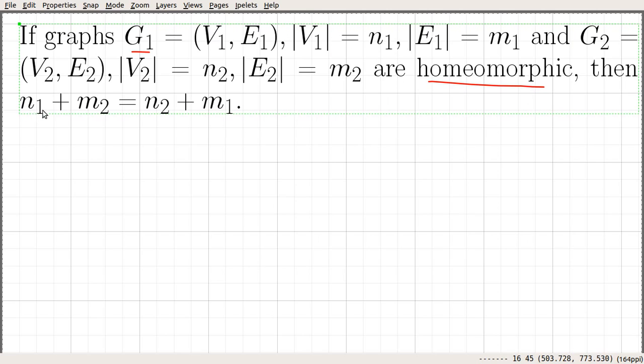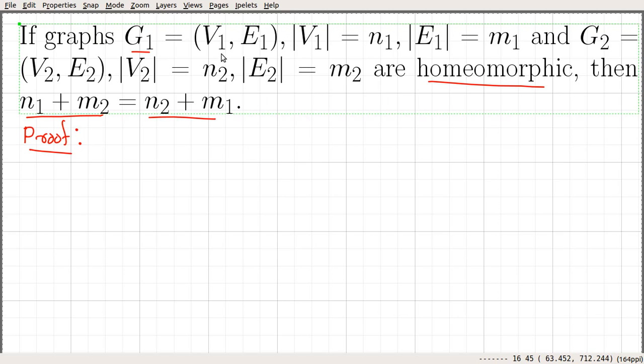That says n1 plus m2, we sum up the number of vertices in G1 and edges in G2, will be equal to the number of vertices n2 and the number of edges m1.